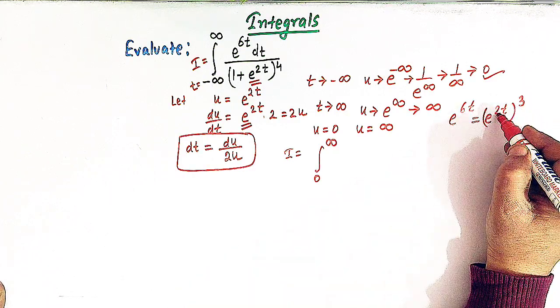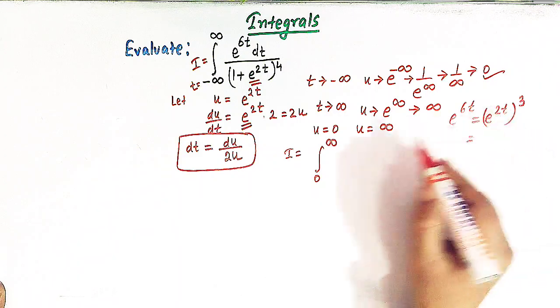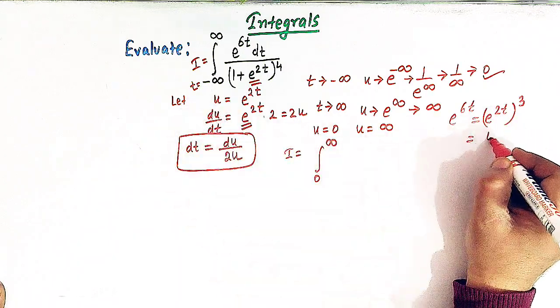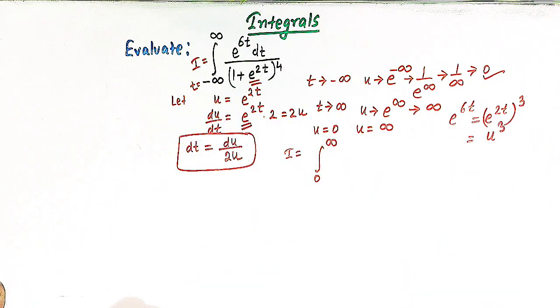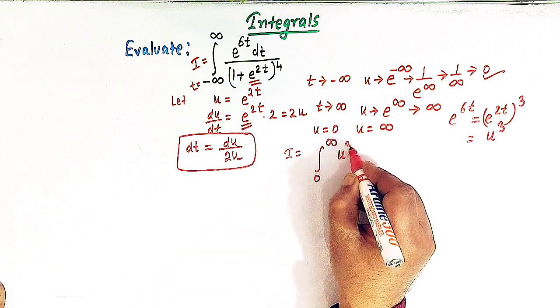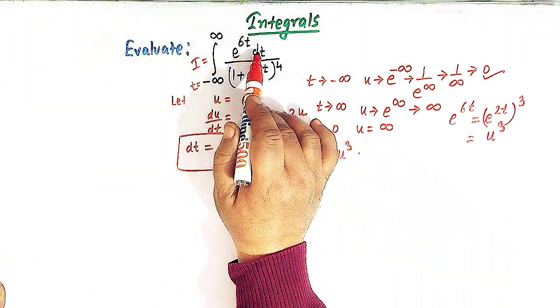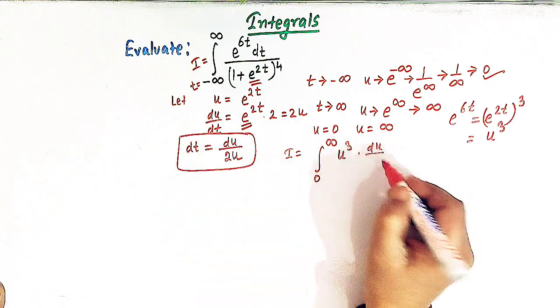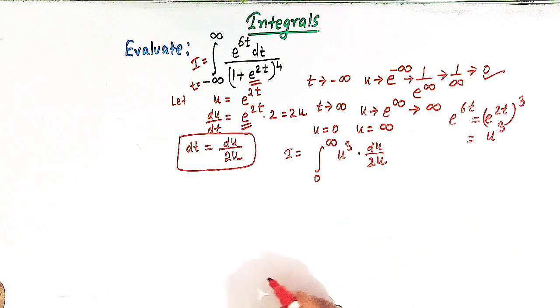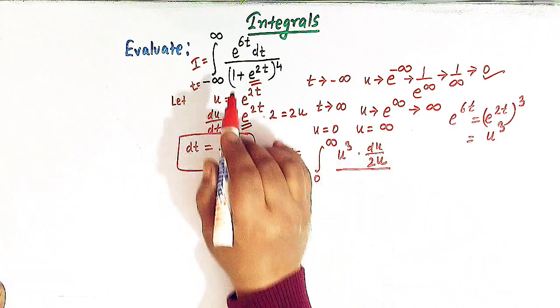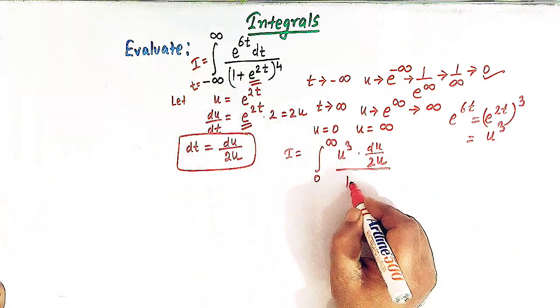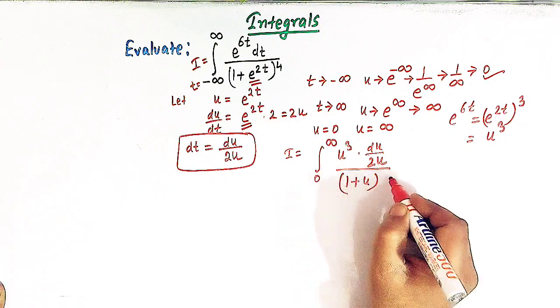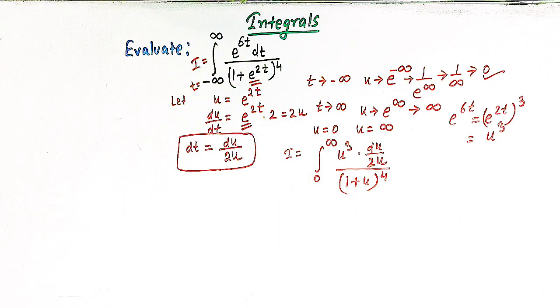Since e raised to 2t is u, we have u cube, and for dt we write du over 2u, with 1 plus u raised to 4 in the denominator.